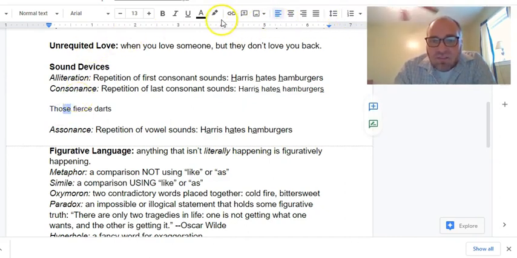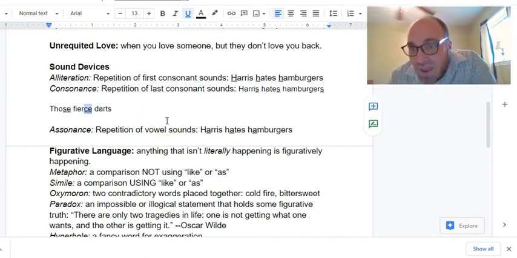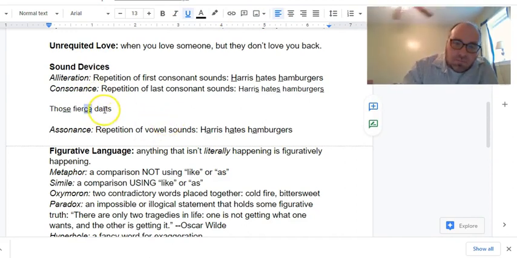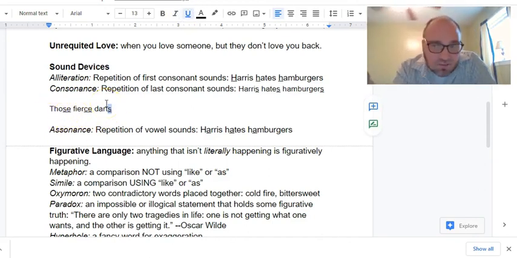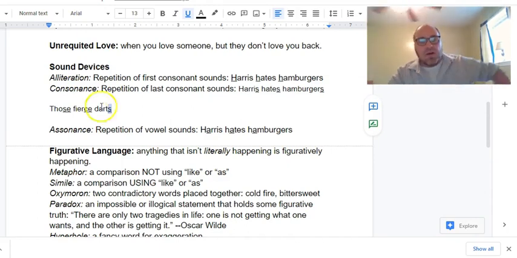That's a silent E, so the last sound of the word is S. Fierce, it's a CE, but the sound it makes is an S. And darts is just a straight S. But you can see that this would be an example of consonance as well, even though it's not spelled in a way that we can see it clearly. Welcome to English. It's a terrible language. But that's a good example.